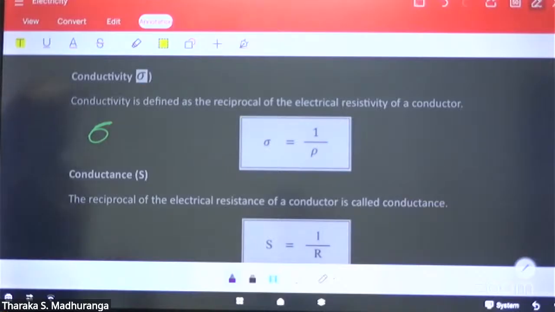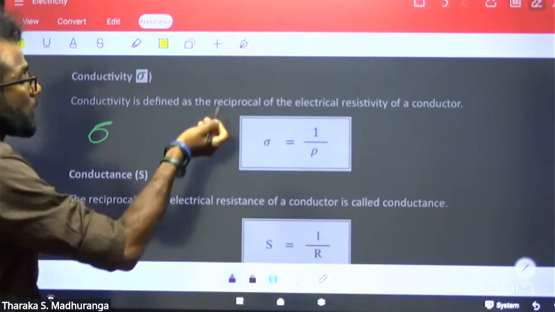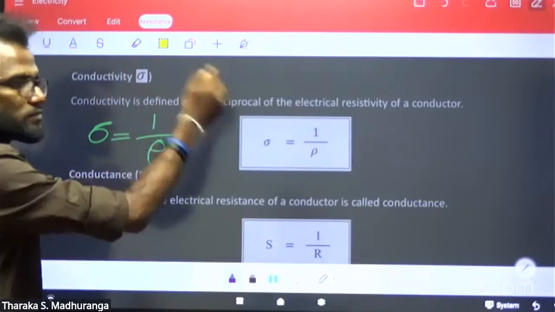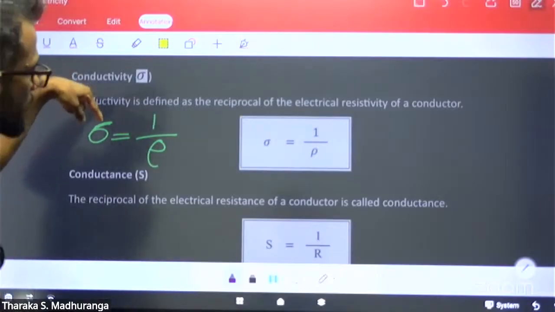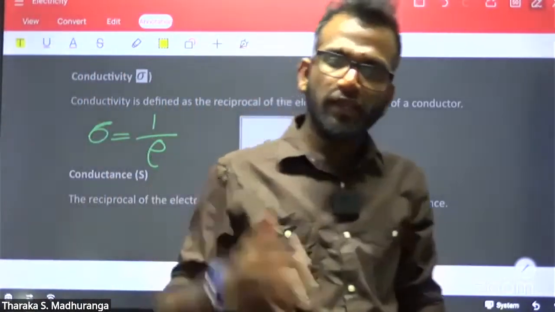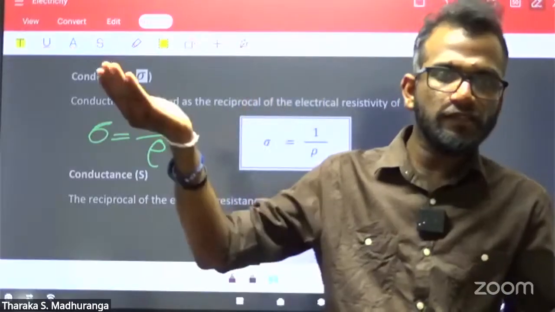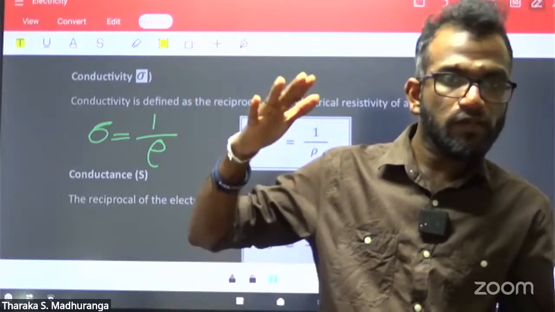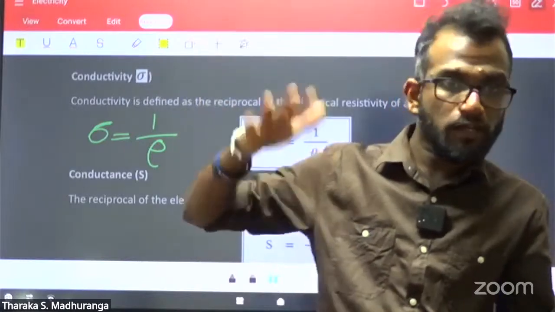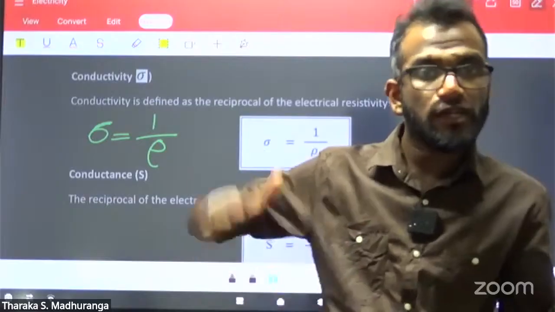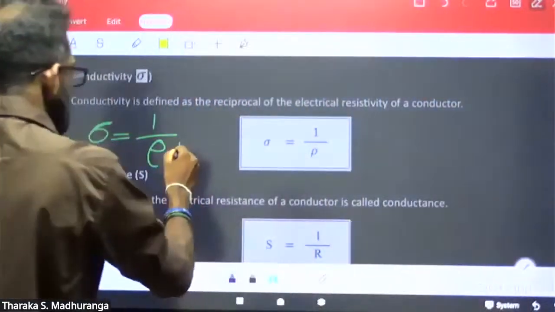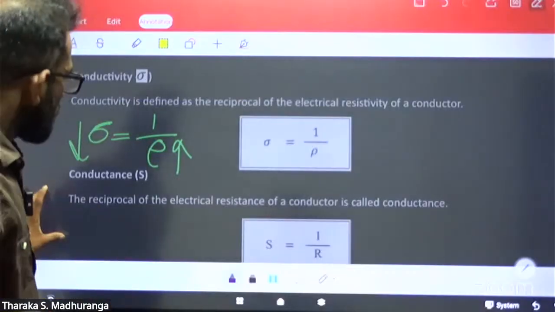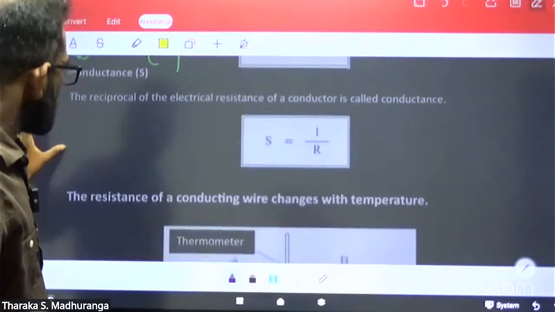Sigma equals the reciprocal, that means opposite, 1 over rho. The conductivity equals 1 over rho. When the resistivity increases, the conductivity decreases. When the resistivity decreases, the conductivity increases. You can see, in one it increases, in the other it decreases. That's the relationship. That's the final thing today we need to discuss.